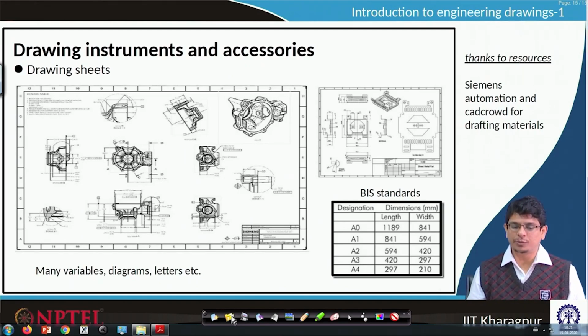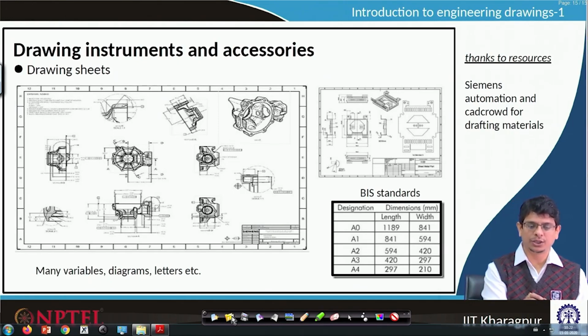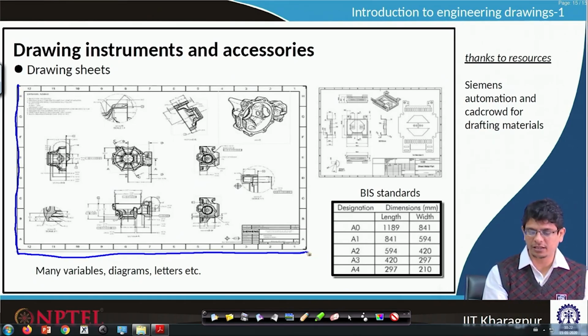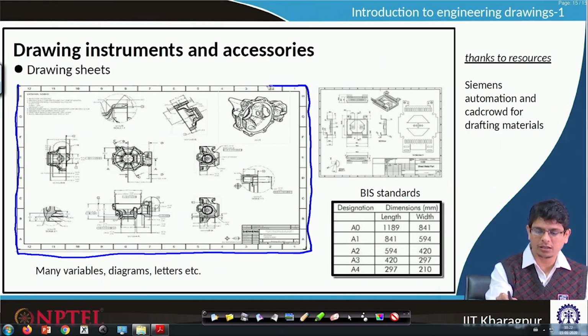In the drawing instruments and accessories, the essential component is the drawing sheet. So, here we can see a drawing sheet template having a certain width and length. It is a long rectangular sheet of drawing paper.